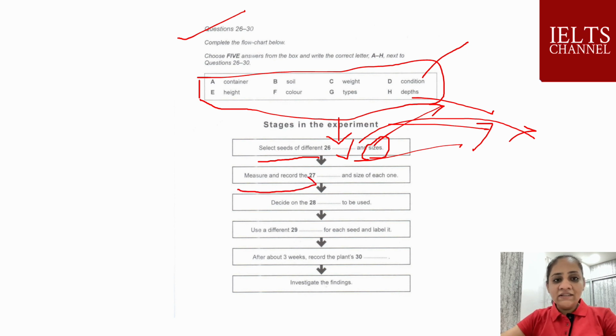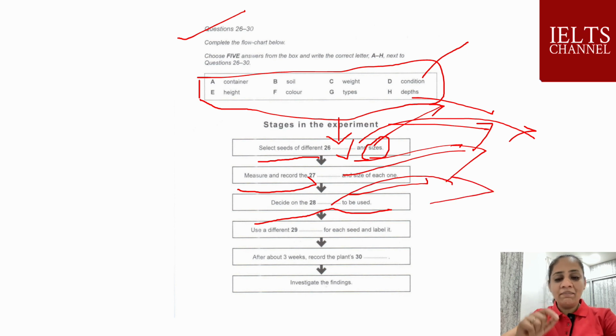Measure and record the dash and the size of each one. Again the same thing: when you have "and", whatever answer they have given after "and" is correlated with the blank before it. Decide on the dash to be used. Decide on what to be used?